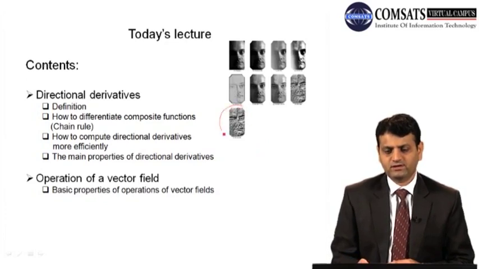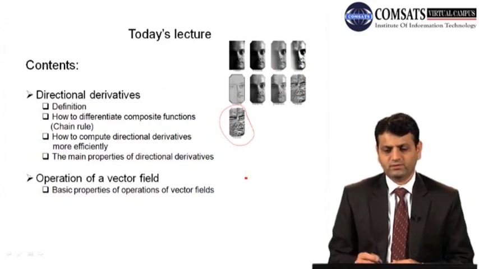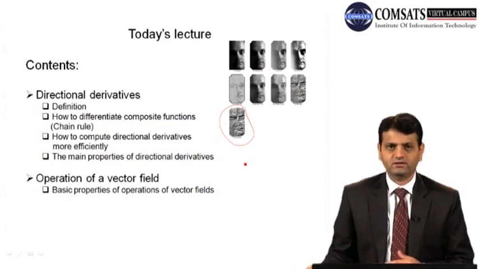If you have an initial image which is very faded and not very clear, then you can apply this technique of directional derivatives to improve the image. This is one use of directional derivatives, and there are many other uses.